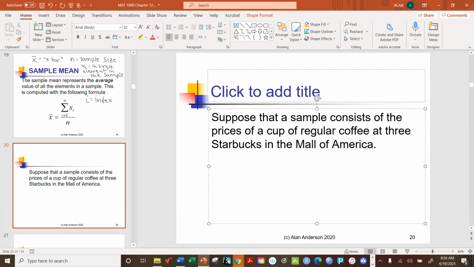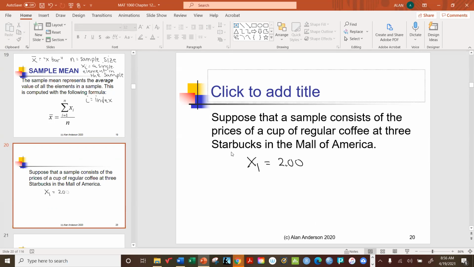And so the first one is $2. The second one is $2.10. And the third one is $1.95. So what these are telling me is that the first Starbucks charges $2.